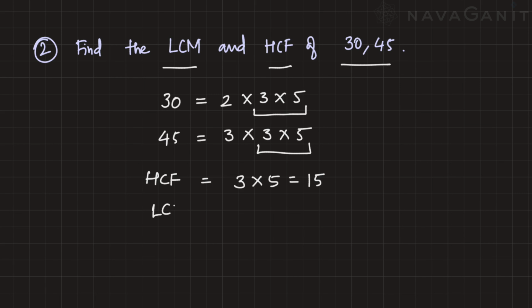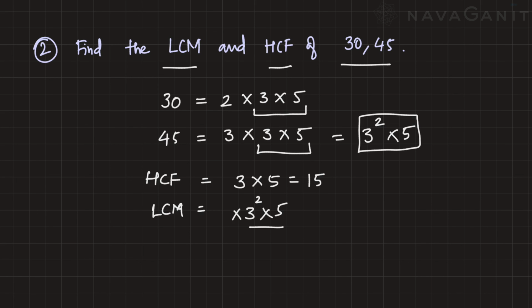In the case of LCM, 45 can be written as 3 squared multiplied by 5. So we need to ensure that in the LCM all the factors are covered. So 3 squared multiplied by 5 will be present along with it.